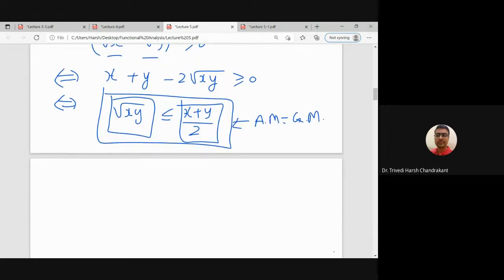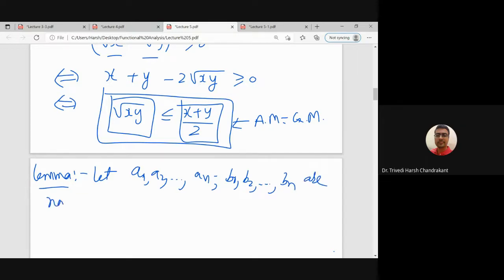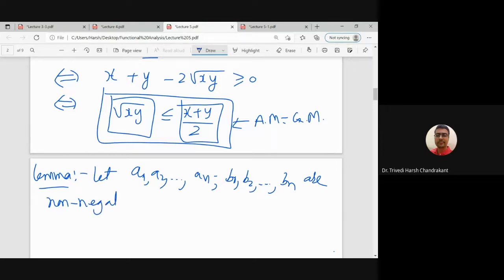So using this inequality, we want to derive some basic inequalities, the Schwarz inequality and the Minkowski inequality, which are useful in functional analysis. So let a1, a2, ..., an and b1, b2, ..., bn be non-negative real numbers, that means they are greater than or equal to 0.